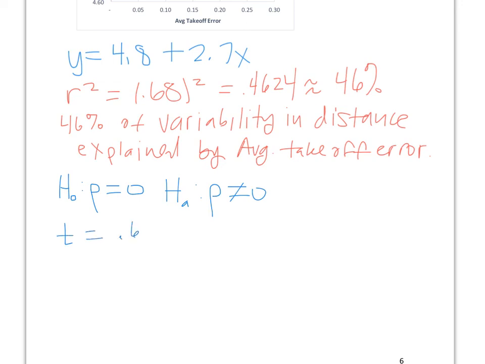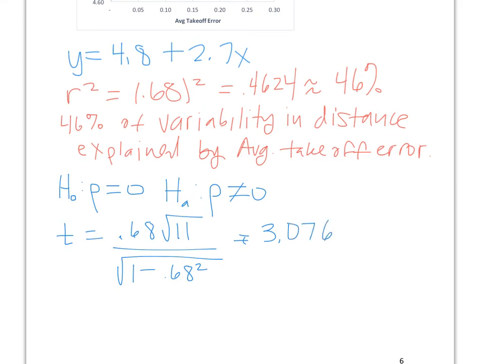Take 0.68 times square root of 11 over square root of 1 minus 0.68 squared. So we get a test statistic of 3.076. That results in a p-value of 0.0105.